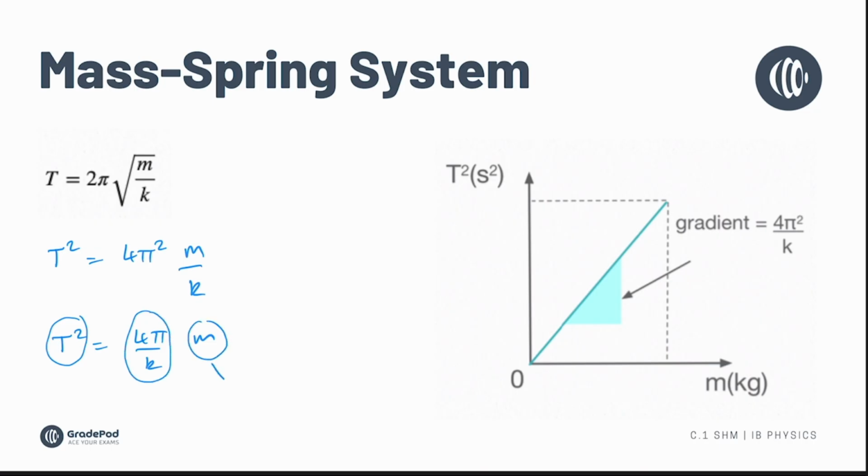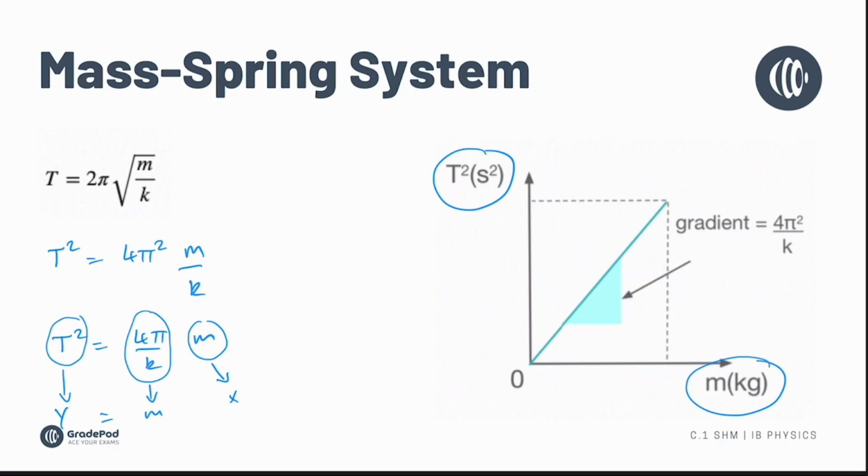That is x, that is m, that is y. y equals mx, which is the equation of a straight line through the origin. So if we plot T squared on the y-axis and m on the x-axis, then you should get a nice straight line through the origin, and the gradient is equal to 4 pi squared over k.